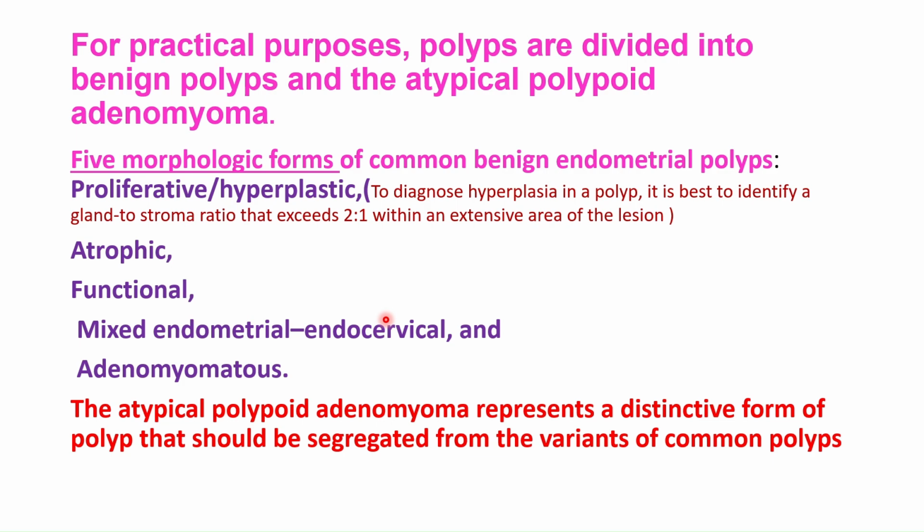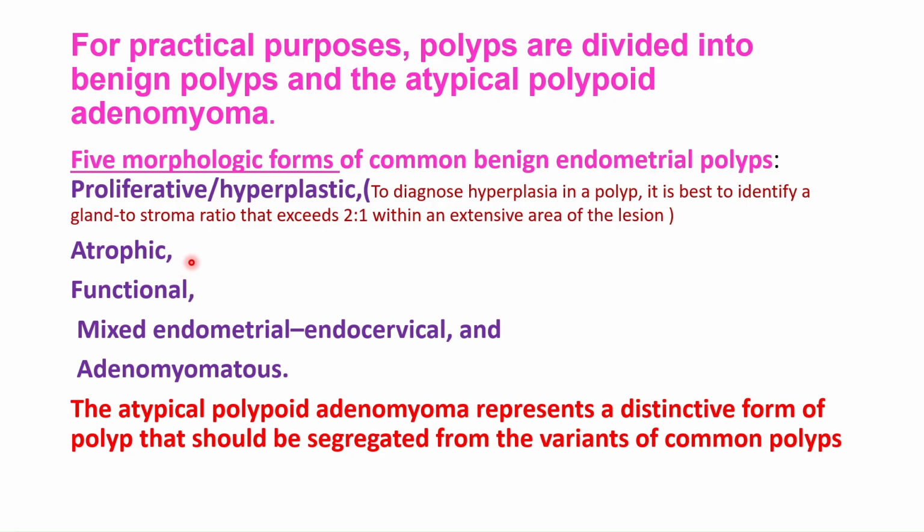So, benign polyps are again having five morphological features. First is proliferative or hyperplastic, second atrophic, third is functional, mixed endometrial and endocervical, and adenomyomatous type. So as the name suggests, proliferative or hyperplastic means the glands in the polyp are having features of hyperplasia and generally gland to stroma ratio that exceeds 2:1 within an extensive area of the lesion.